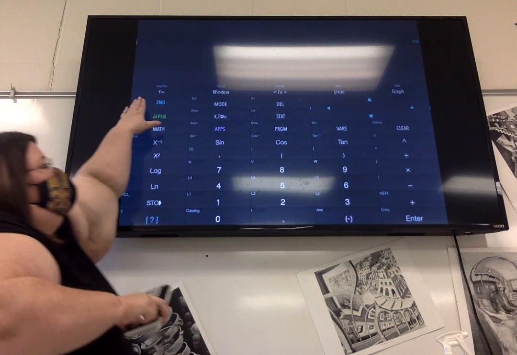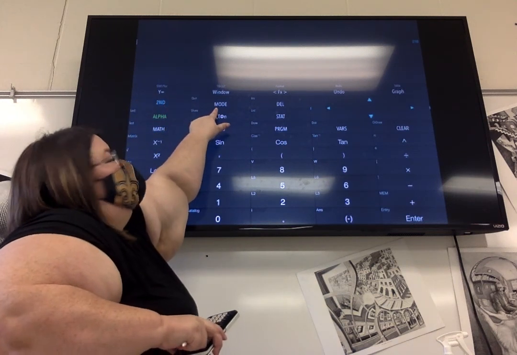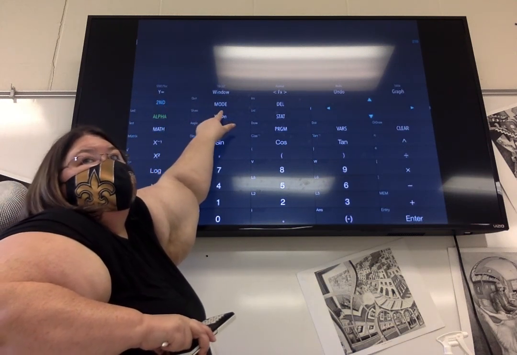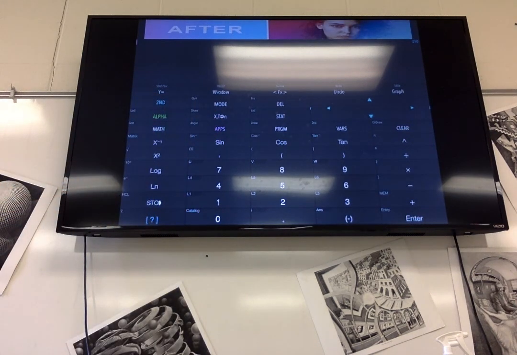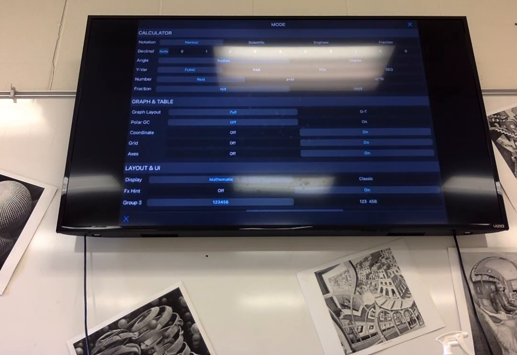So you have y equals window right below. See the mode button on yours? It's in the same place as mine on here. If you go to mode, yours doesn't look quite like this, but you're going to change it to degrees. Mine says math print, normal, radian. Where it says radian, cursor over to where it says degree.